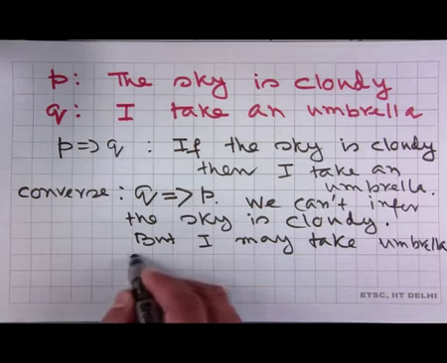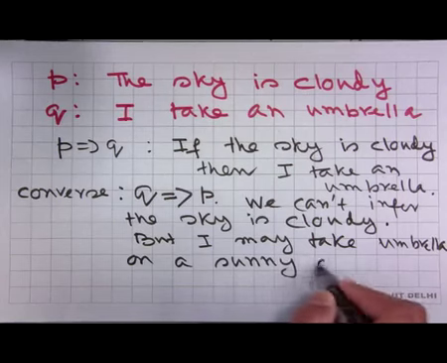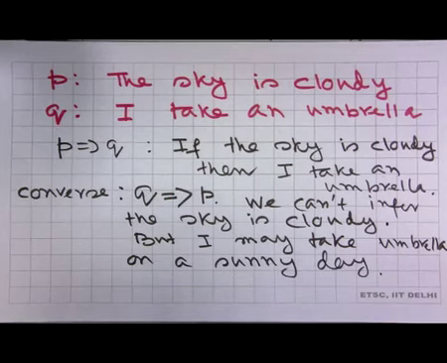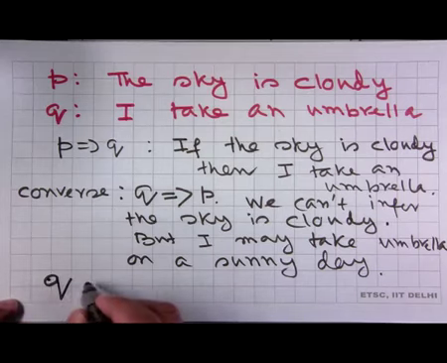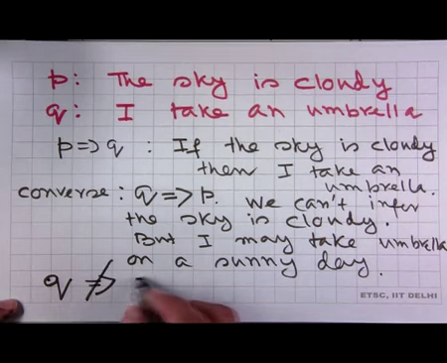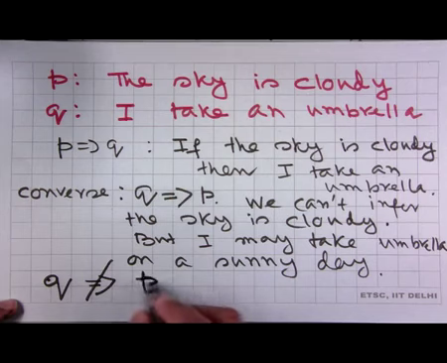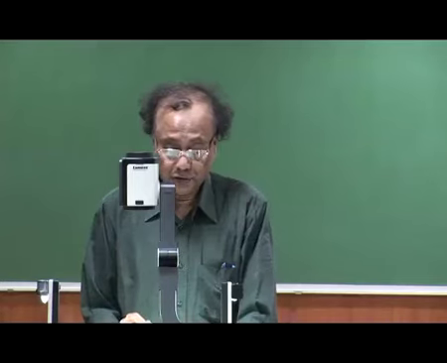I may take an umbrella on a sunny day also. Therefore, just because I am carrying an umbrella, or just because Q is true, it does not imply the sky is cloudy. Or in other words, Q does not necessarily imply that P is also true.